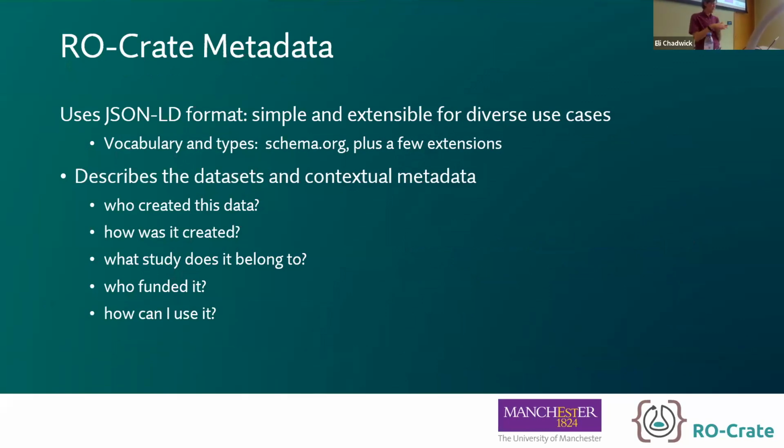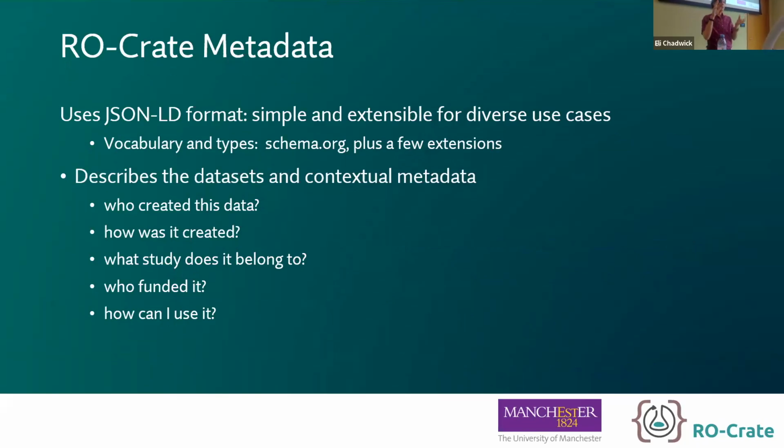In this RO-Crate metadata file, we use the JSON-LD format, which is JSON for linked data. This is pretty simple and extensible for a whole range of use cases. You can treat it as RDF if you want to be in that full linked data space, but you can also just treat it as JSON if you don't really care about the linked data stuff.